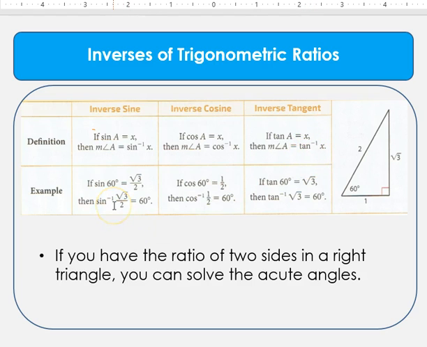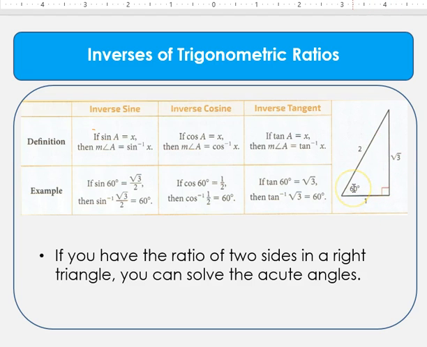And with numerical values, as an example, if sine 60 degrees equals square root of 3 over 2, let's look at the example. Here's our 60-degree angle. It's part of a 30, 60, 90 triangle, so we have our numerical values, 1, square root of 3, 2.